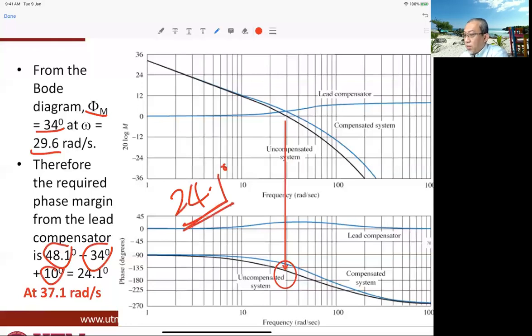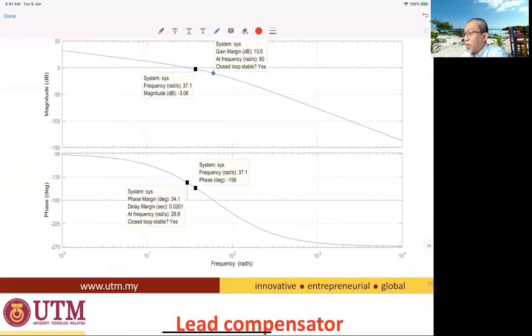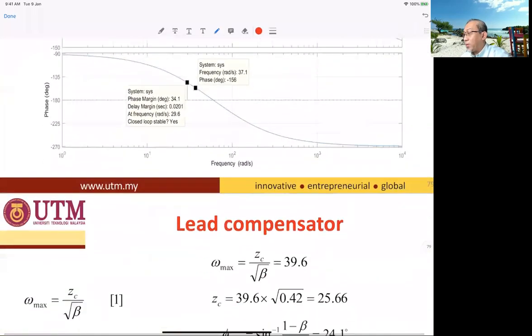And 24 degrees occurs at 37.1 radian per second, somewhere here, which will give you the phase margin of roughly 24.1 degrees.